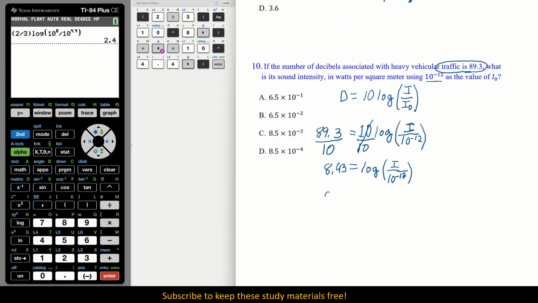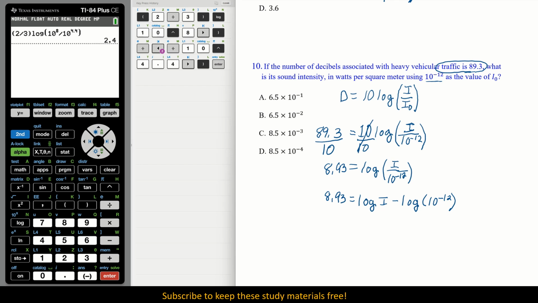So now what do we have? We have 8.93 equals log of I minus the log of 10 to the minus 12.